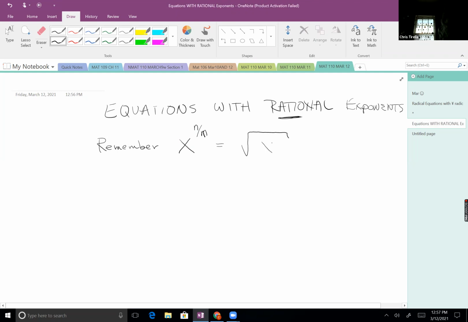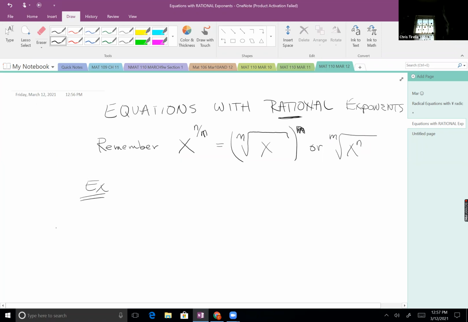The base is the radicand. The denominator is the index on the radical, and the numerator is the exponent. I can write it like that, or I can write it like that. They're both interchangeable.